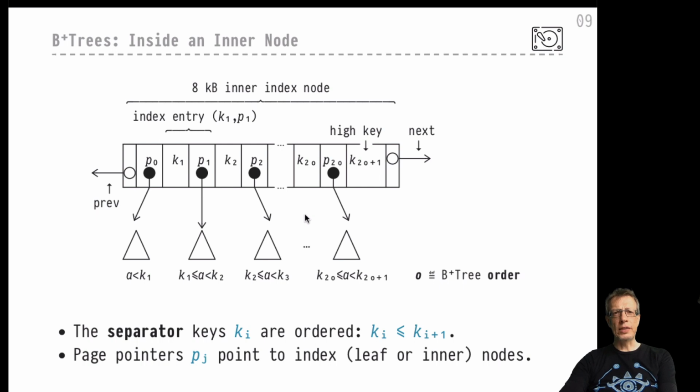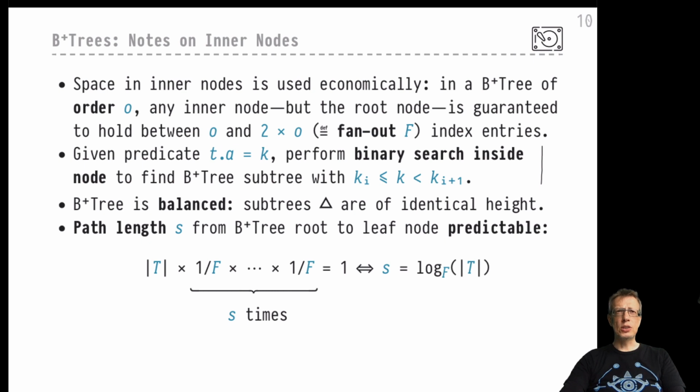I will end up in a subtree of equal height, and thus the length of the path from the root to the leaves inside such a subtree is really predictable. It's the same length for all of the leaf entries that are stored in the B+Tree.